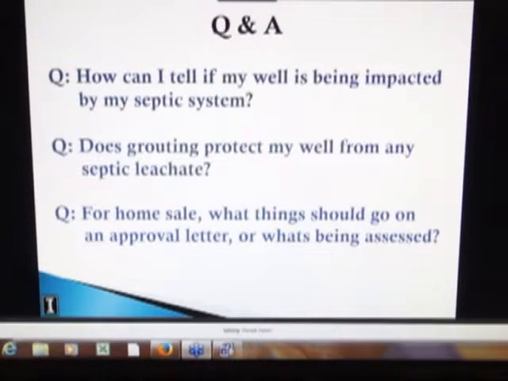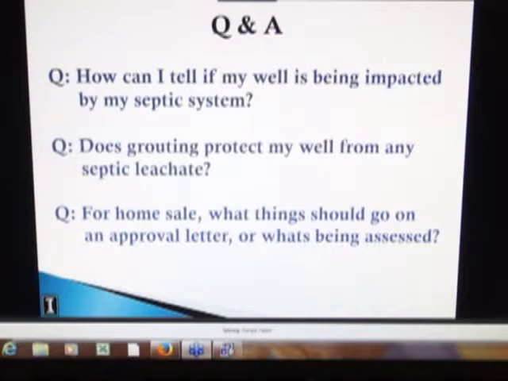And what we actually go out and look for is how far is the septic tank away from the well? You know, is it within that 50-foot zone? Is it too close to the well and may contaminate the well water? Does the system have access within 12 inches of the ground?